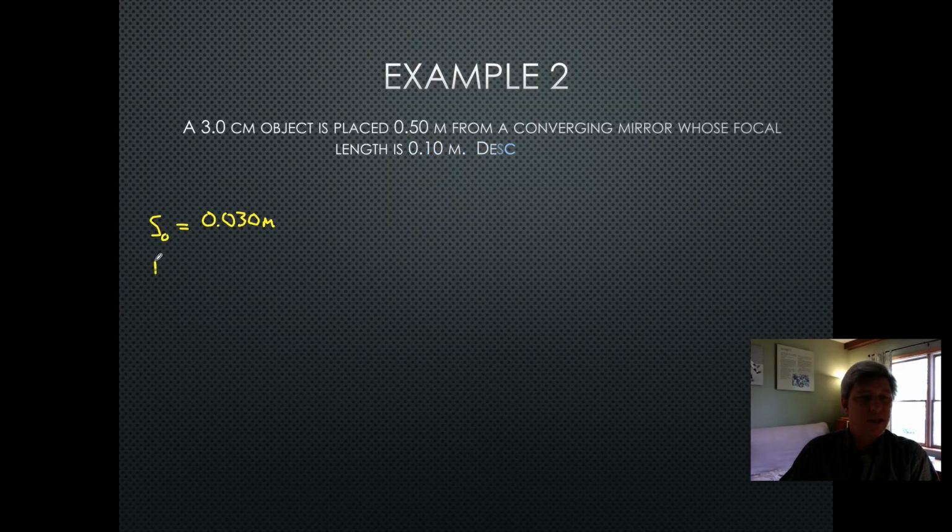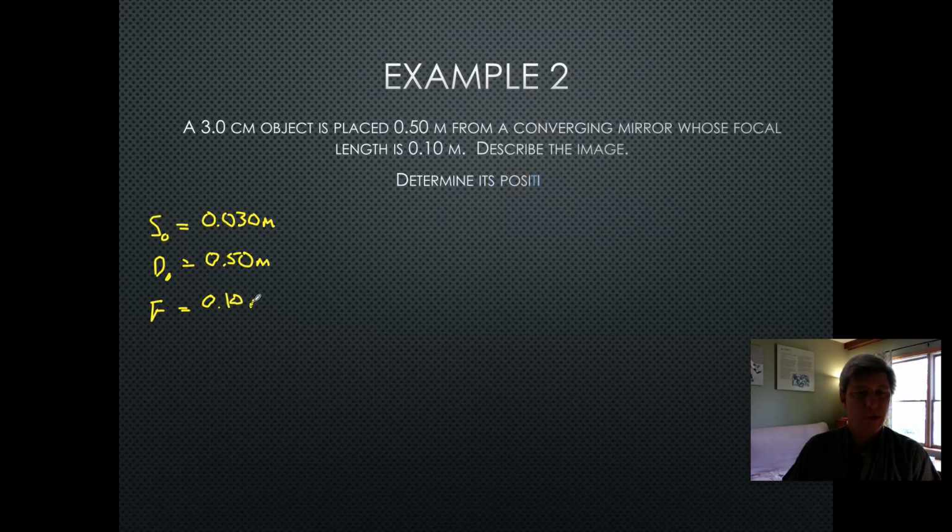And so the distance of the object is going to be 0.50, or half a meter, whose focal length, F, is going to equal 0.10 meters. Okay. Describe the image, determine its position.